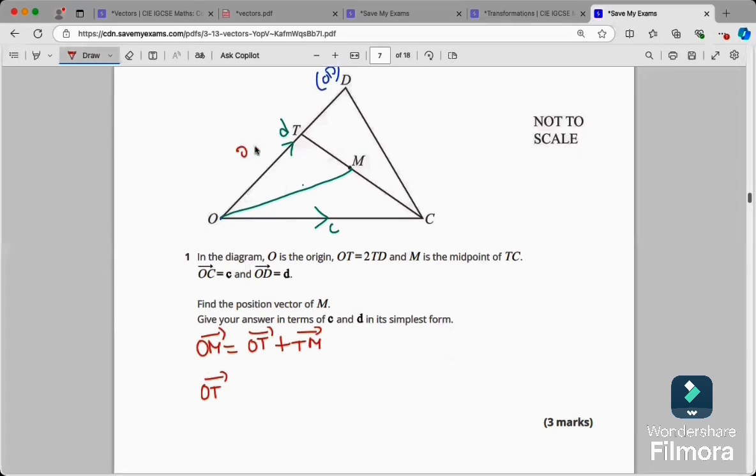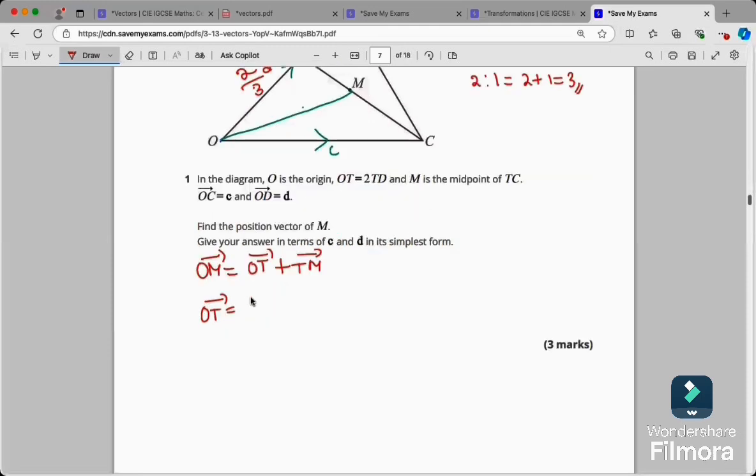So this is 2, this is 1. If you take the sum of this ratio, 2 plus 1 is 3. Therefore, this is 2 by 3 of OD, and this is 1 by 3 of OD, which is D. Therefore, OT is equal to 2 by 3 of D, and then TM, M is the midpoint.